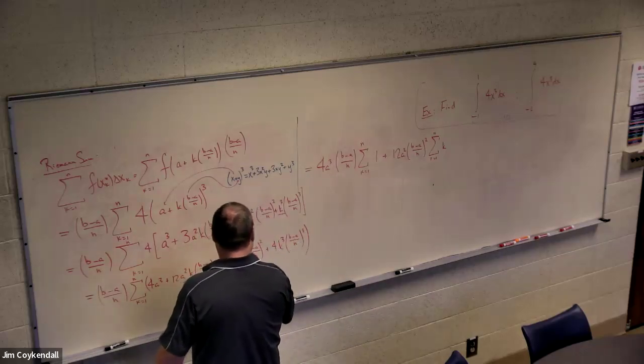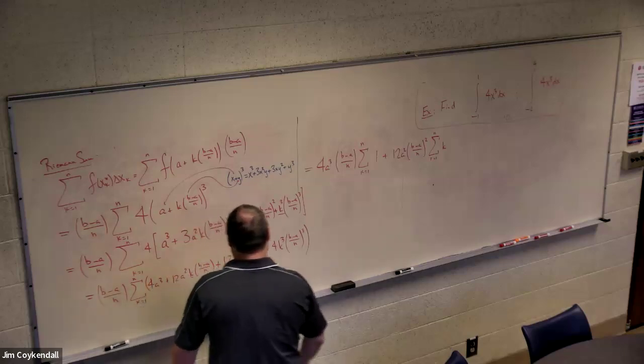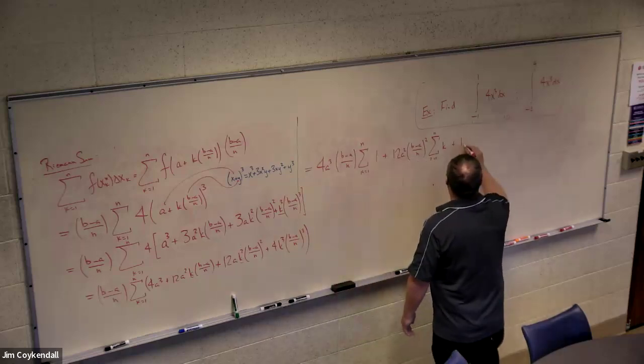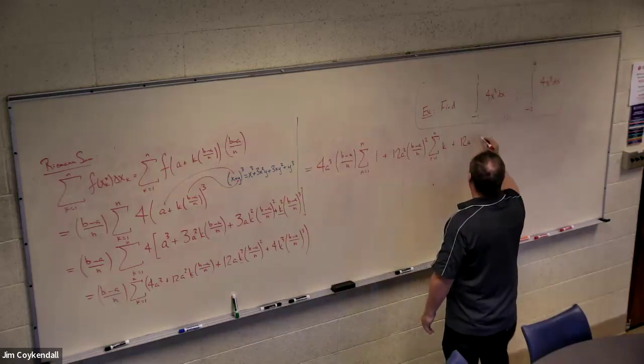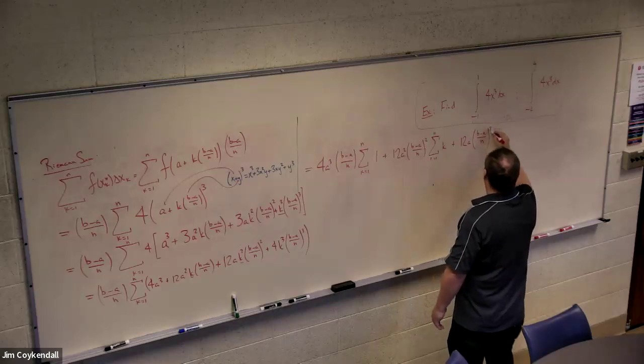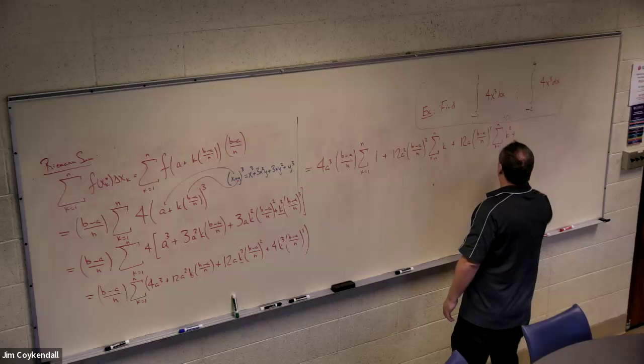Okay, so I'm focused on here. This one I'm gonna pull out 12a (b minus a) squared. So that's going to be 12a (b minus a over n) cubed, squared.